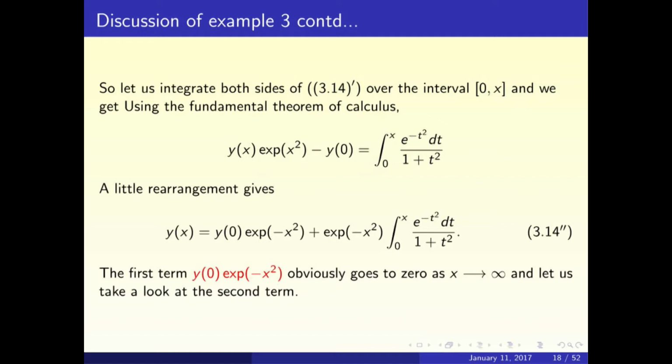Is it true that all solutions have a limit as x tends to infinity? Yes. Not only that, we know that that limit must be 0. All solutions actually go to 0 as x tends to infinity is what we have established.